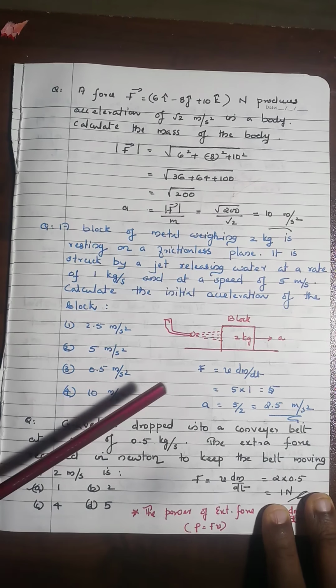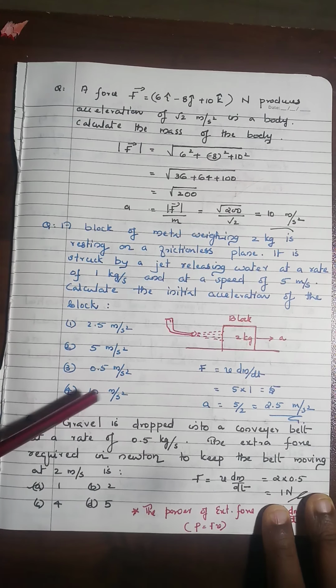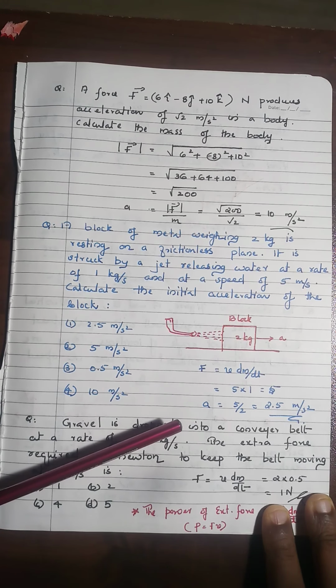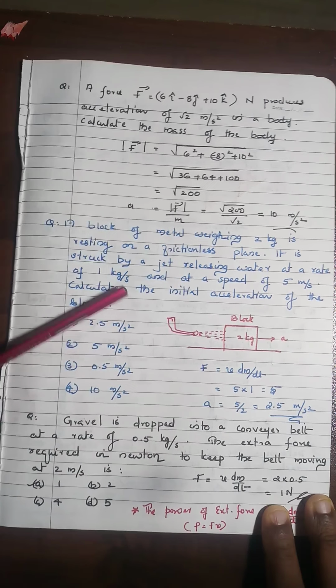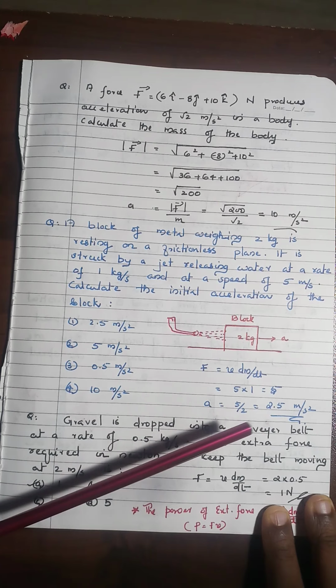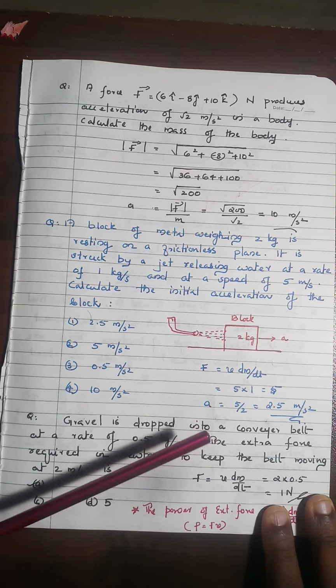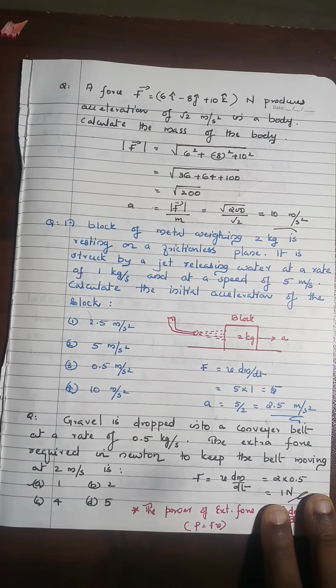We already know the force is equal to v into dm by dt. The velocity is given as 5, and the rate of water ejecting, dm by dt, is given as 1. You get 5 into 1 equal to 5. So the acceleration becomes force by mass, 5 by 2, and you get the answer 2.5.